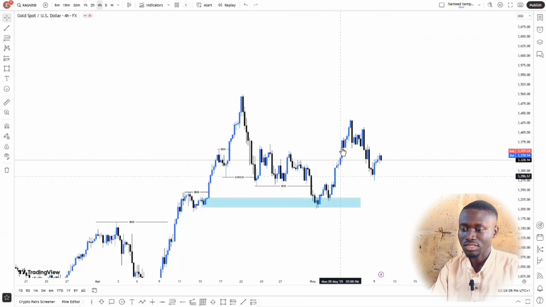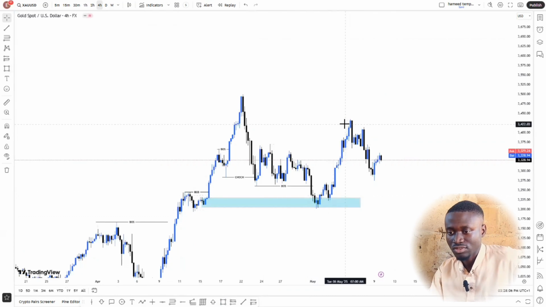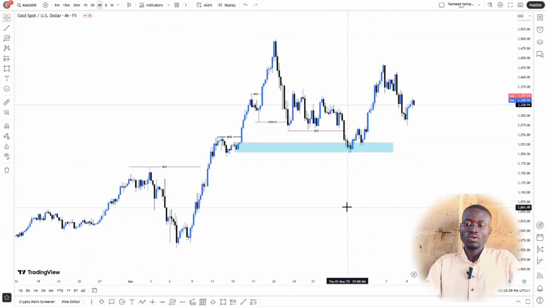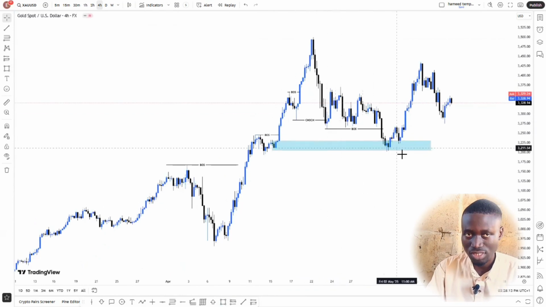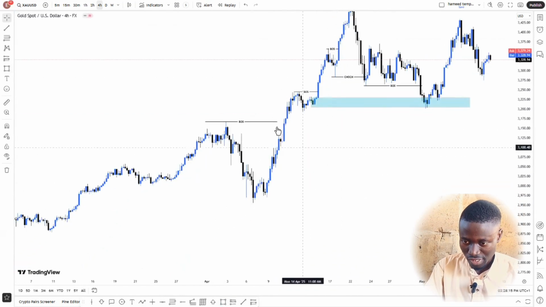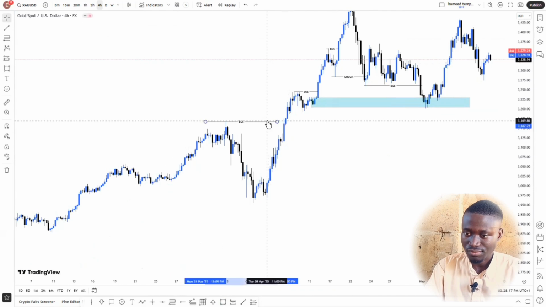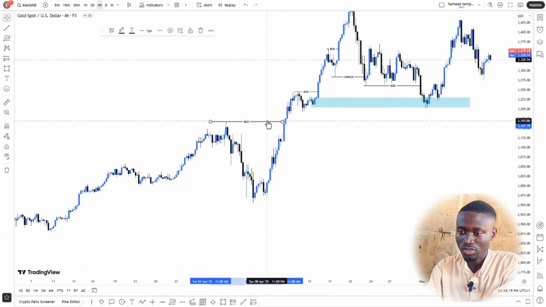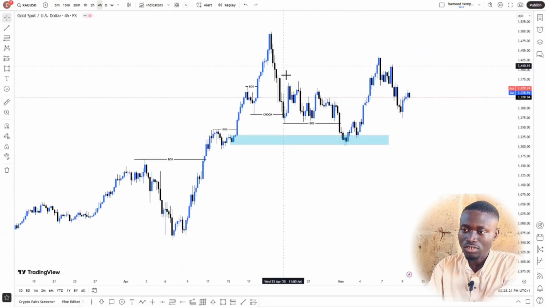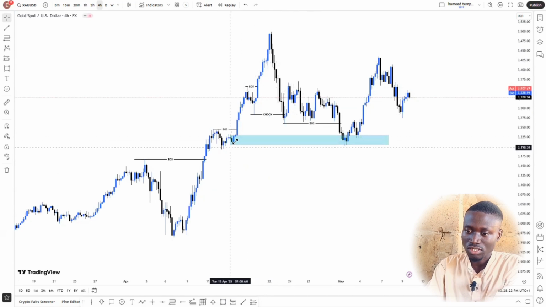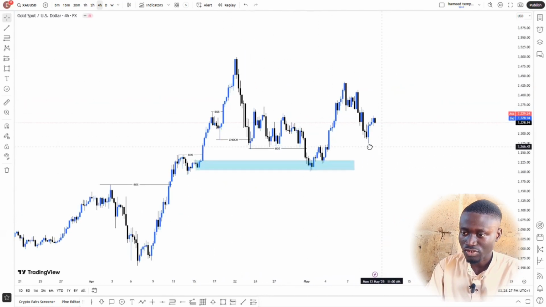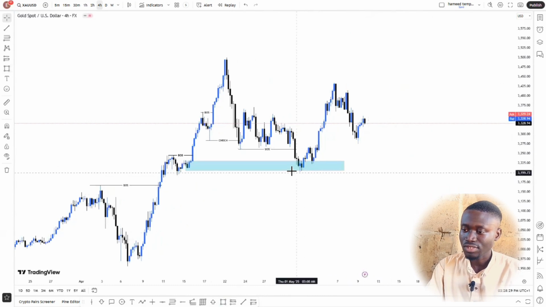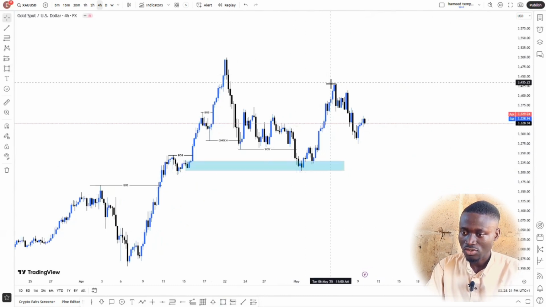The market has now tapped into it and is moving to the upside again, which means the market is back to its original direction, which is uptrend. All these moves that happened here are just a correctional move onto this origin before the market starts moving to the upside again.